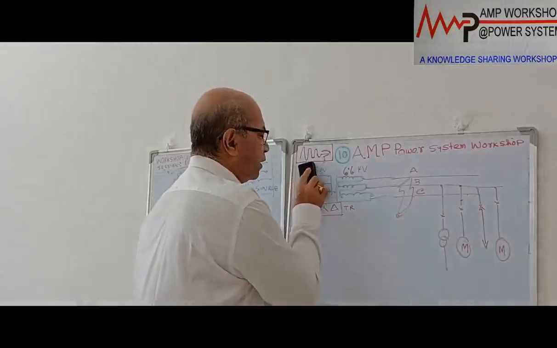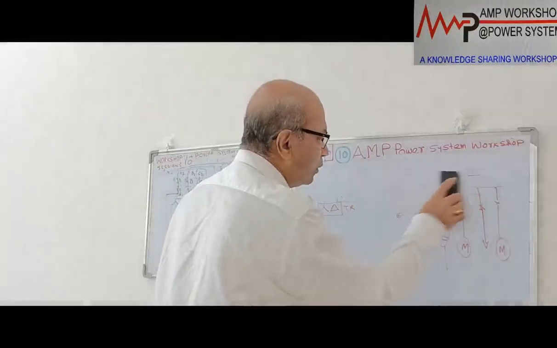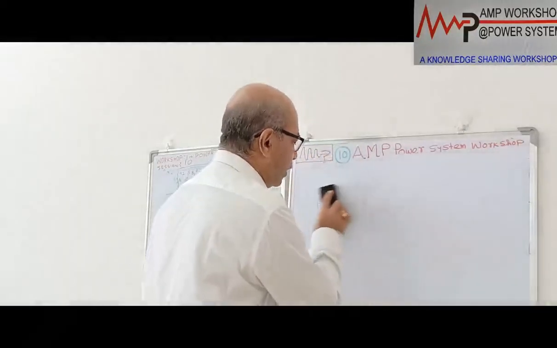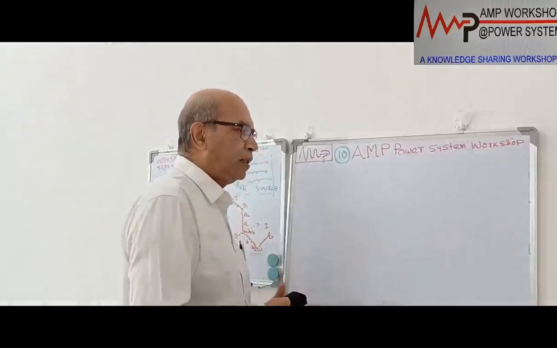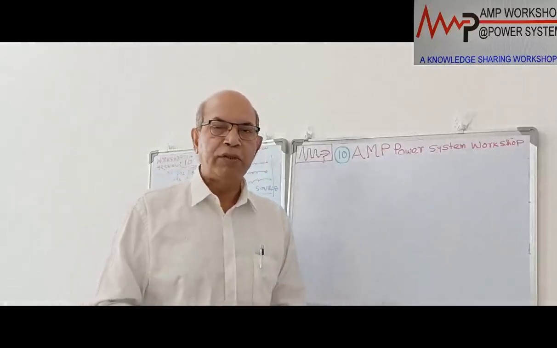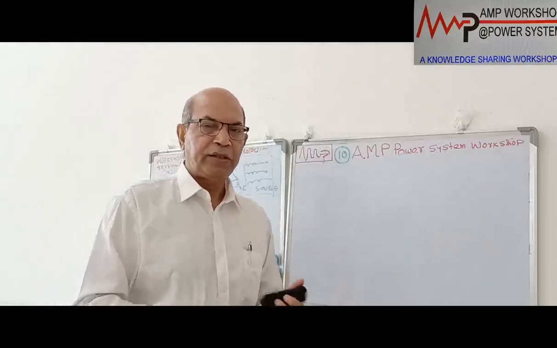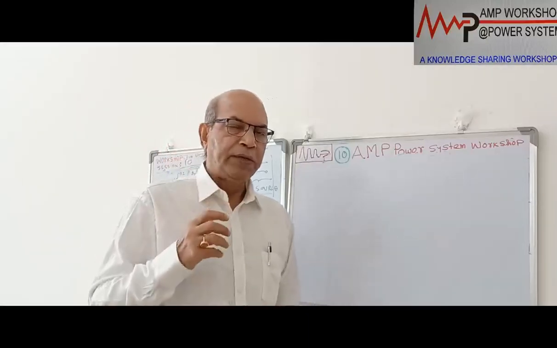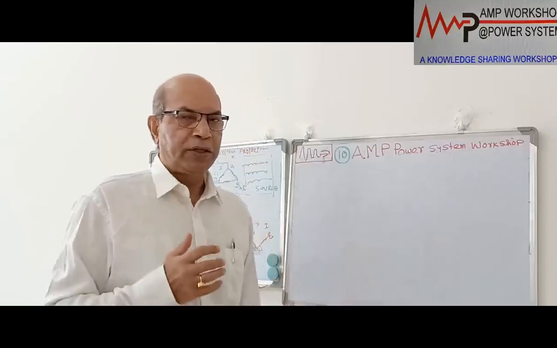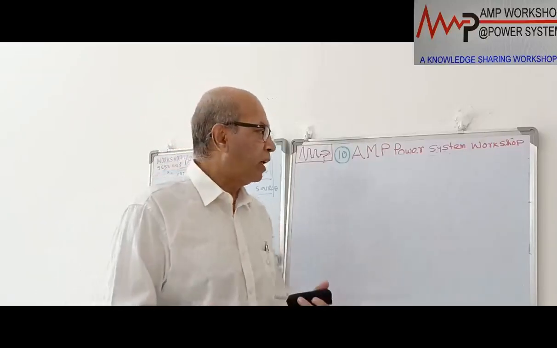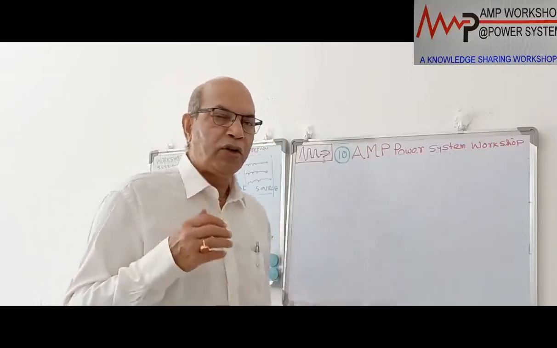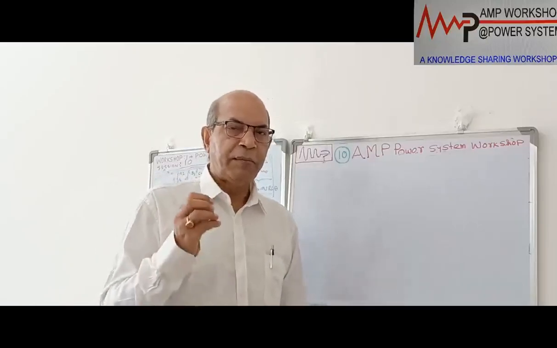Now this grounding transformer, when you use it in the delta connected system for creation of a neutral, we mainly use what is called an interconnected or zigzag transformer. The characteristic of this transformer is that during normal or healthy condition of the delta connected system, it will not draw any current, only the magnetizing current.